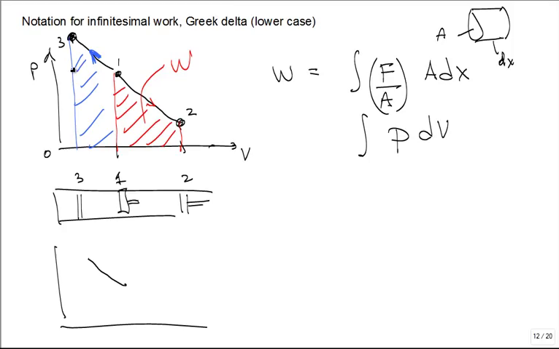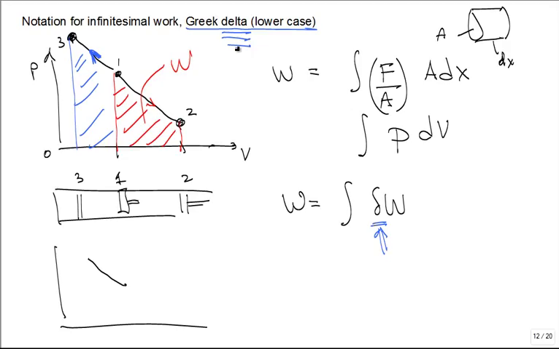Okay, somebody says, can we calculate the work by integrating the little amounts of work done in infinitesimal little expansions? Yes, you can. But because there's such a distinction, we introduce a new symbol, the Greek lowercase delta, for an infinitesimal amount of work.